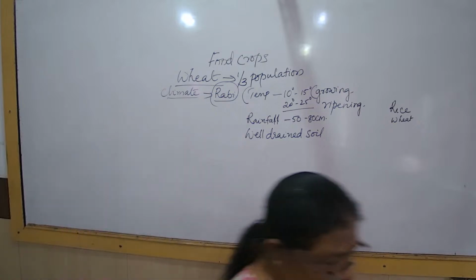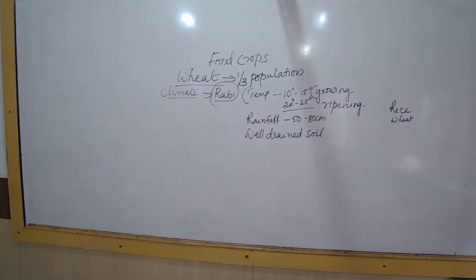Okay. Now next one is methods of cultivation. I have told you in which month sowing is done. October, November, sowing is done.